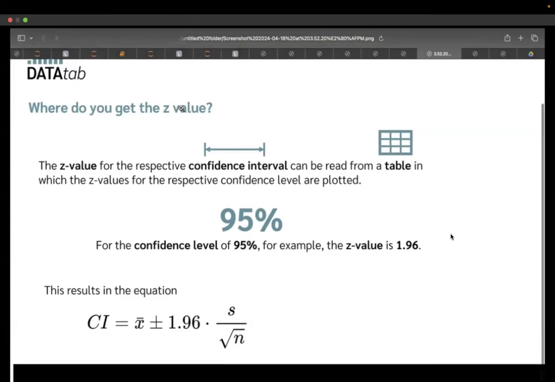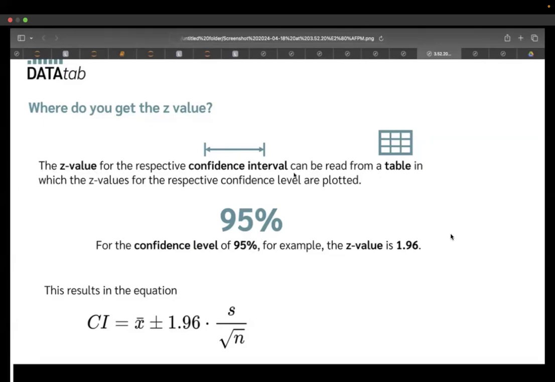As of now, just understand one thing: when the confidence level is 95%, the value of z is 1.96. And when the confidence level is 99%, the z value is somewhere around 2.58. You can search it on Google because it is a constant value. Nothing to remember. We use this constant to find the confidence interval.